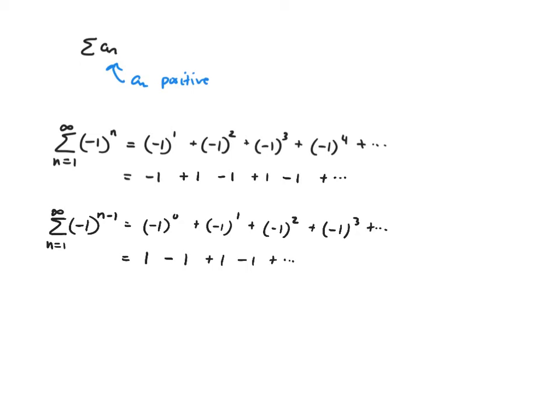So if we want to take a series and turn it into something that alternately goes positive, negative, we need only introduce these little negative 1 to the n or n minus 1 terms. Which one you choose depends on whether you want your first term to be positive or negative. Those are the building blocks to this new type of series.